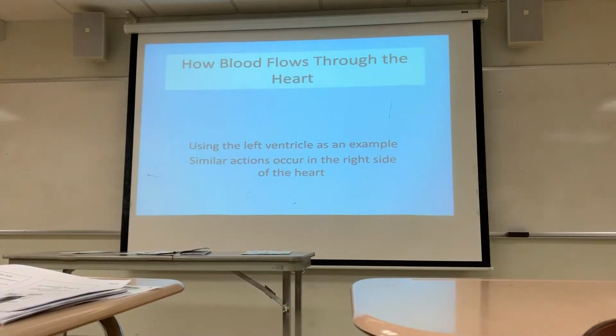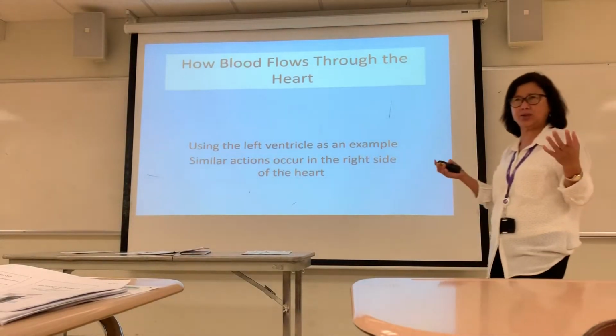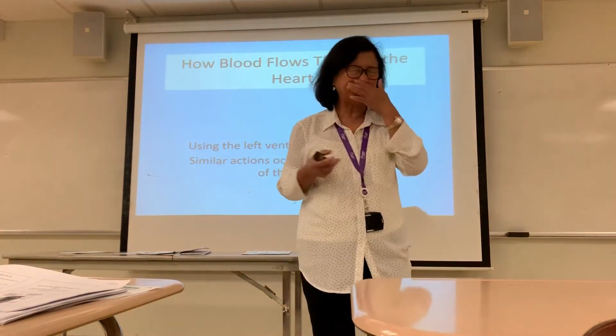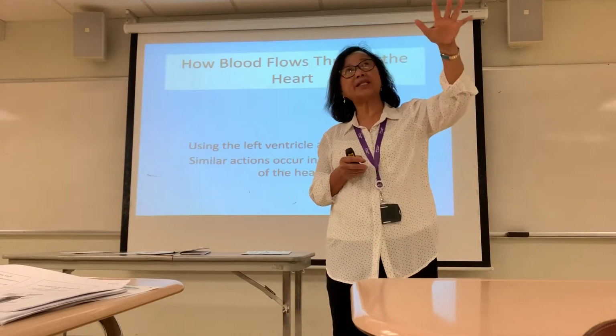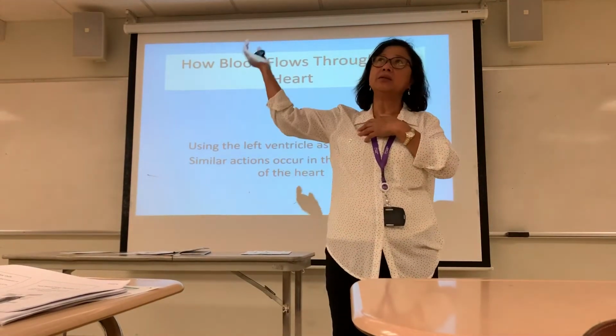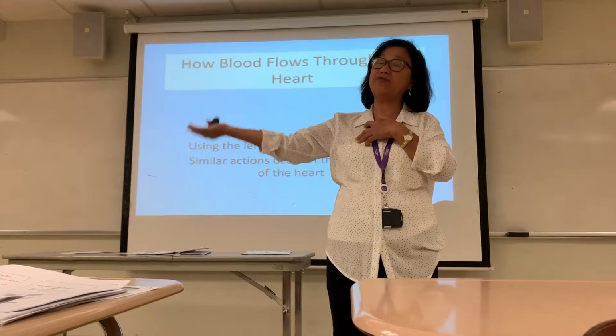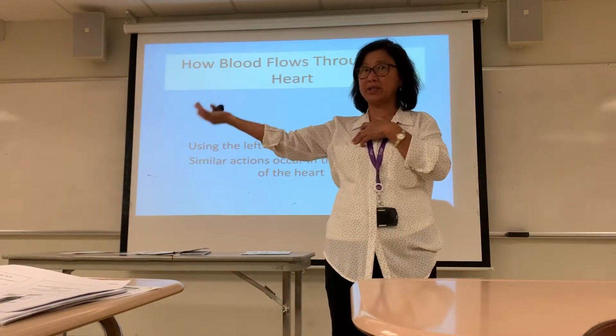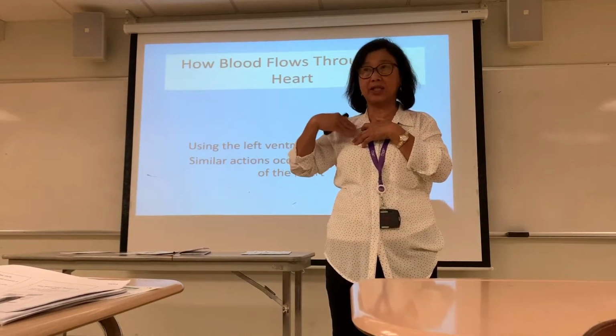Here, for example, using the left ventricle as an example, similar action will happen on the right side. So it is always simultaneous. On the right side of the heart, which is the right atrium, the blood flows from the systemic circulation, and it is unoxygenated.